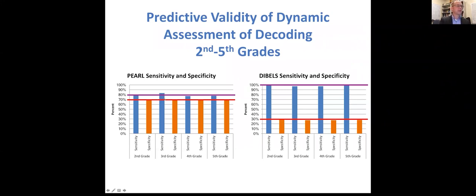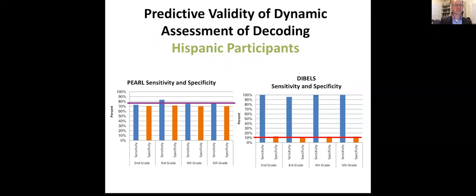We went back and did some regression analyses and found that if we analyze the dynamic assessment a little differently, we get even higher scores than this. But you can see that the dynamic assessment, because it tells you how well a child will learn something, is much more predictive of how well they will, well, no surprise, learn how to read when they're older. This is the same information, yet just for the Hispanic students here.